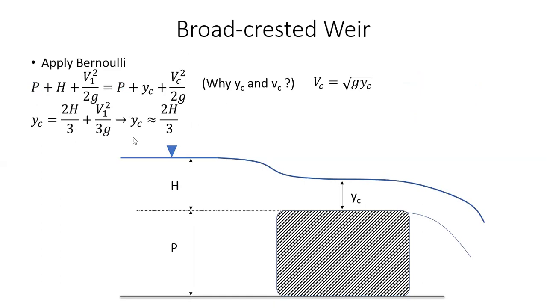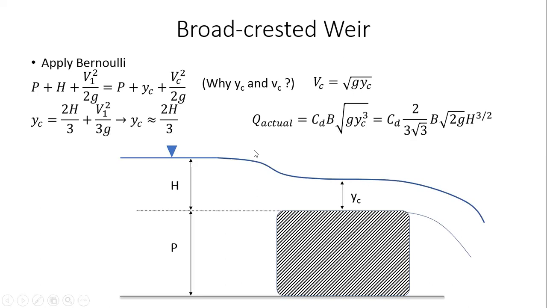Okay. So then I use this YC in deriving my Q. Q actual will be CD times capital B, which is the width of the stream, multiplied by square root of G YC cubed. I wanted to think about how we got this. Remember, you can simply apply critical flow: Q square T by G A cubed equals 1, right?